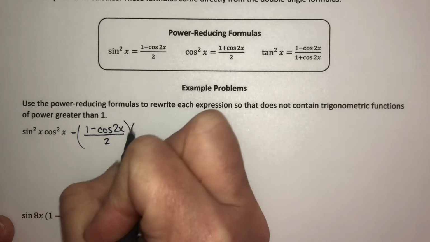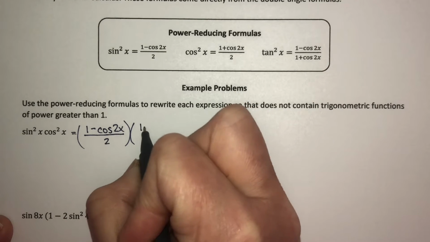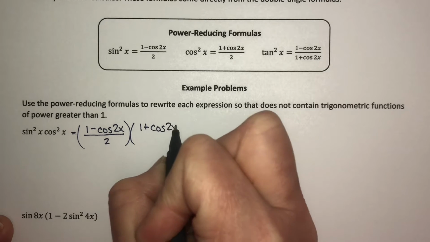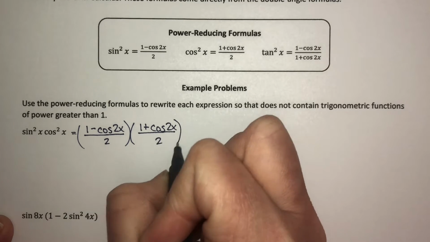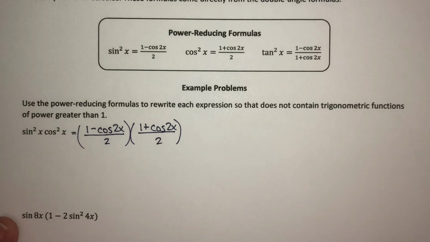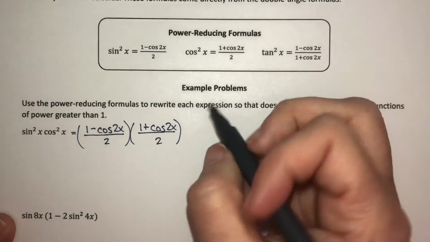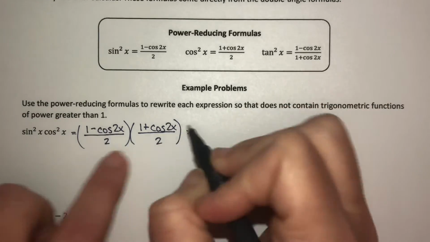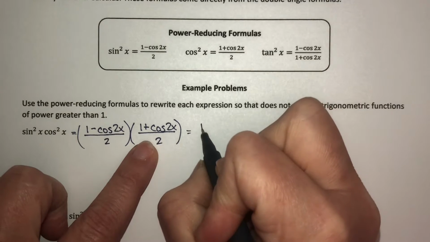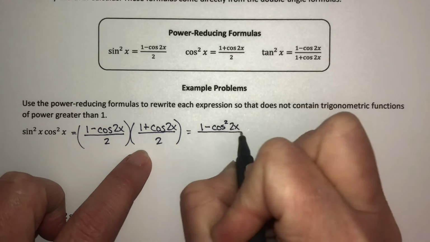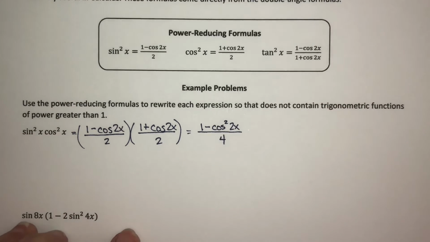That's sine squared times cosine squared. Now multiply here, and this is the difference of squares on the top, so you have 1 minus cosine squared of 2x over 4.